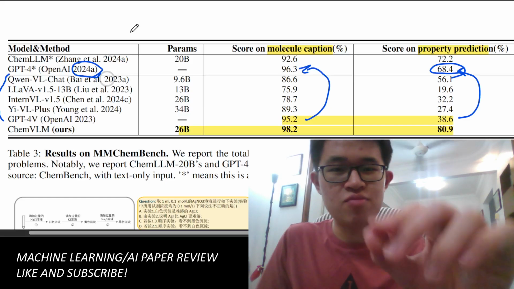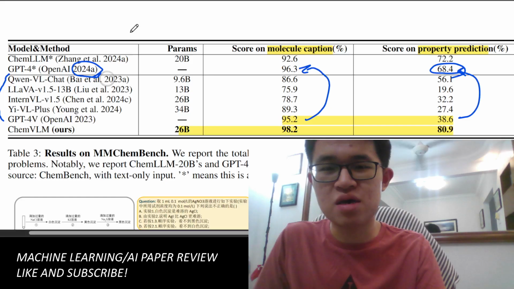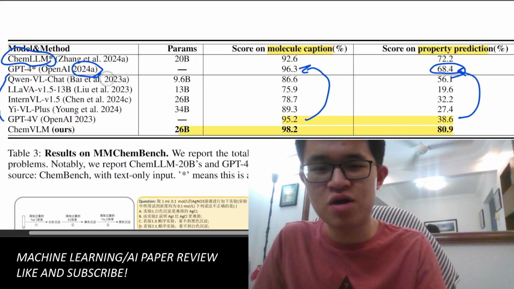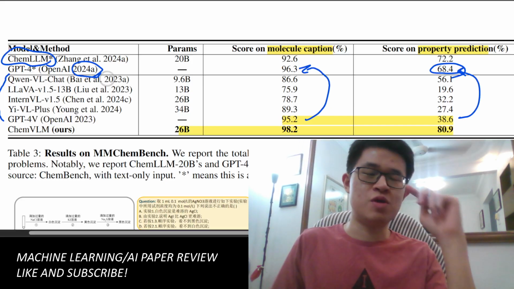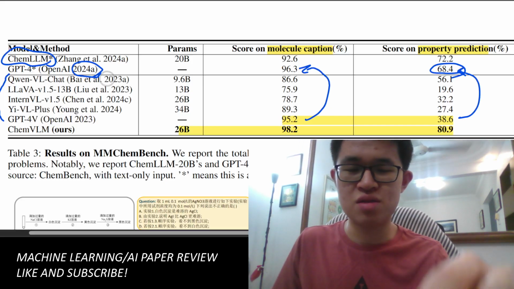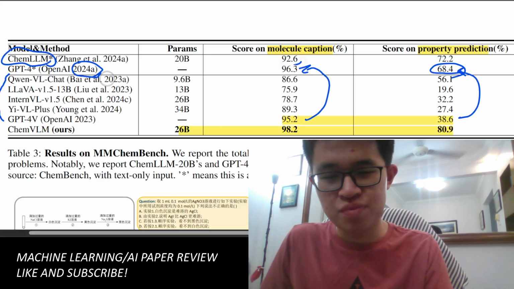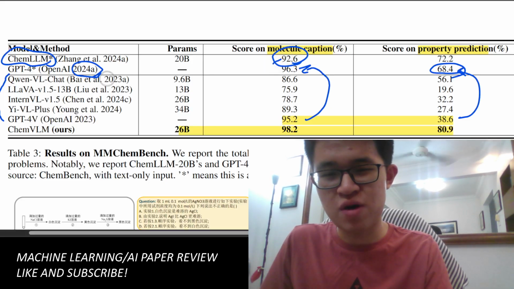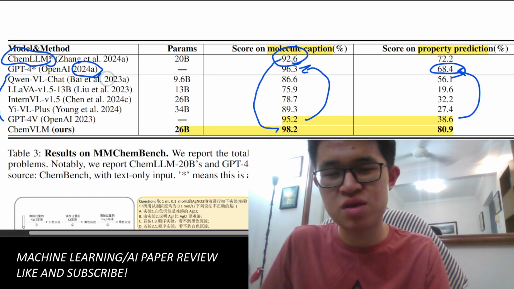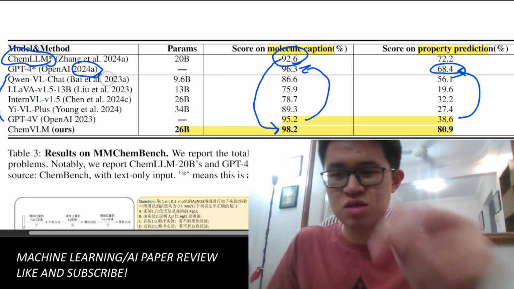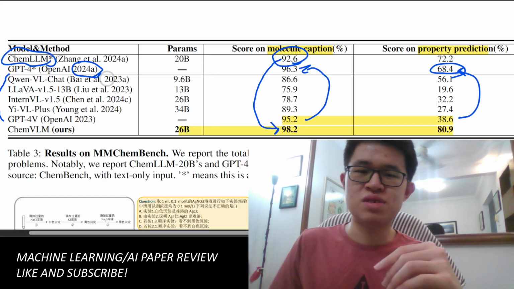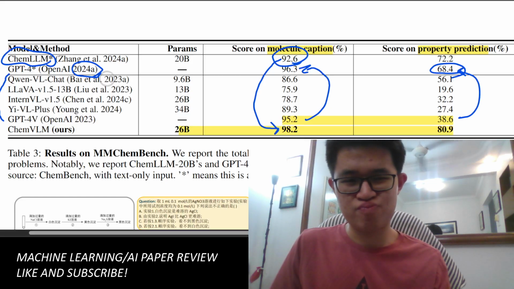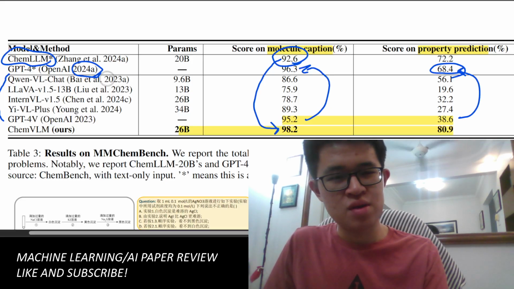But what we can be sure about is that if you take a look at ChemLLM, right? ChemLLM is essentially the LLM that they are using. By incorporating the vision model into it, the accuracy increases by lower than 6%, right?